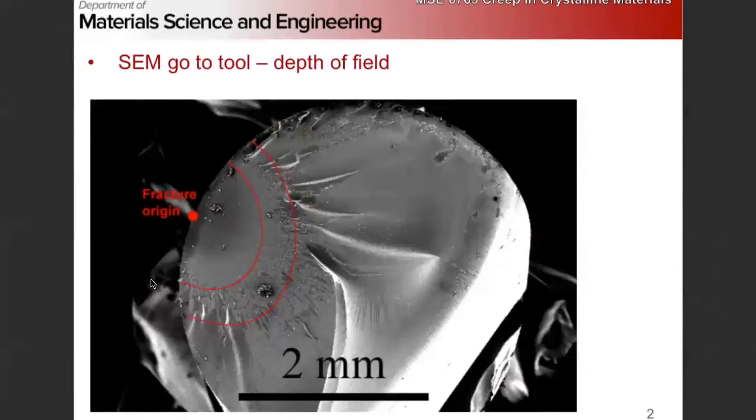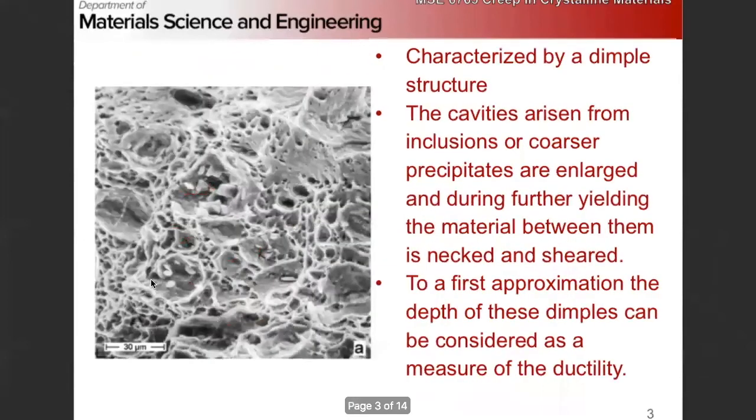And now you're left with a freestanding electron transparent carbon film of what your fracture surface looked like, right? You can imagine how much work that is, right? Much easier to throw it into the SEM.